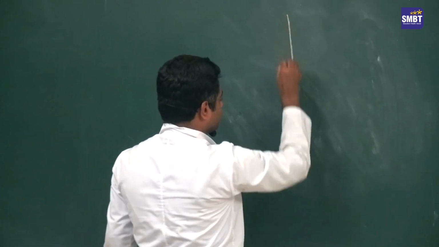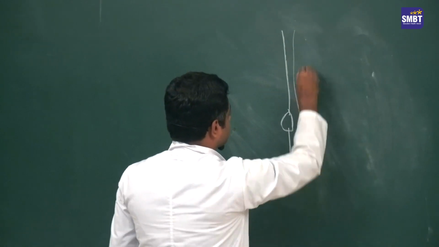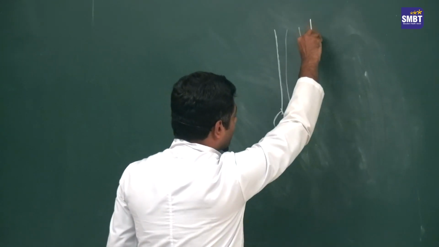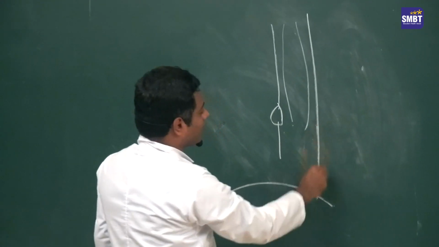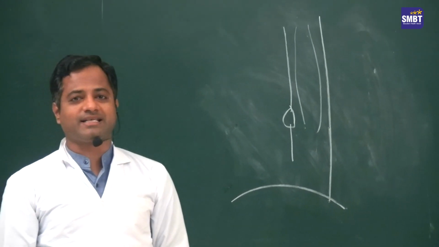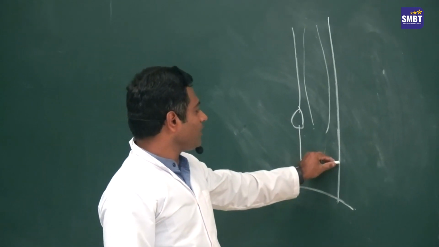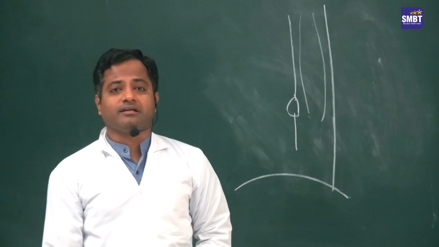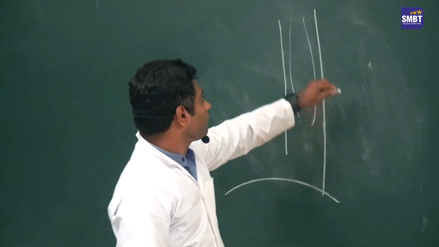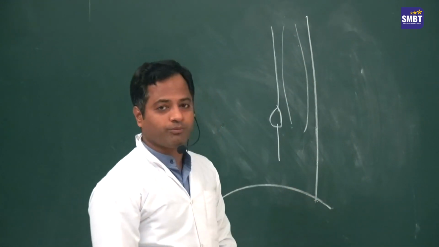Again, this is umbilicus, this is linea alba, this is rectus abdominis muscle. There is a hypothetical line called the semilunar line. The semilunar line runs on the lateral aspect of the rectus abdominis muscle from the subcostal region to the pubic symphysis.